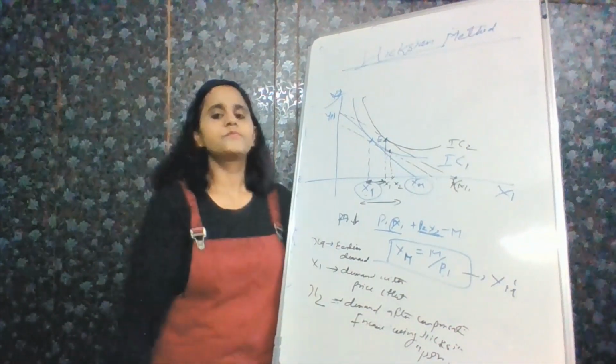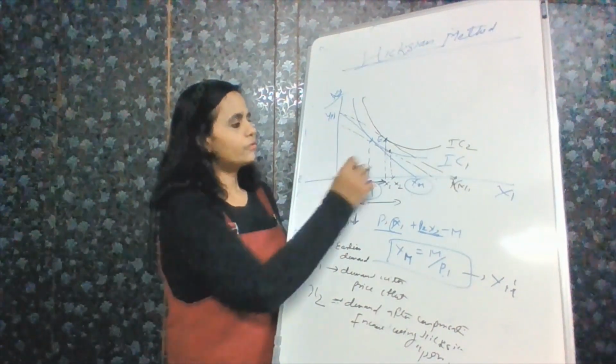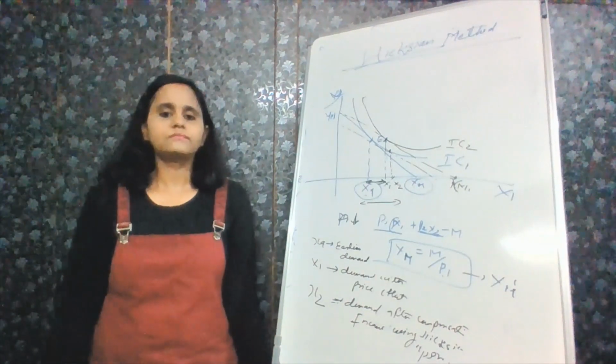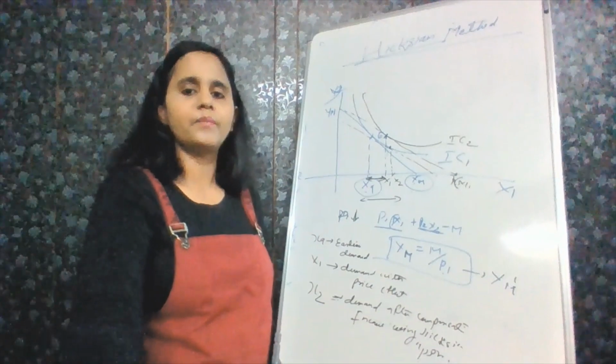So that is overall the idea of your Hicksian approach. That is how you derive your compensated quantity after removing your income effect.